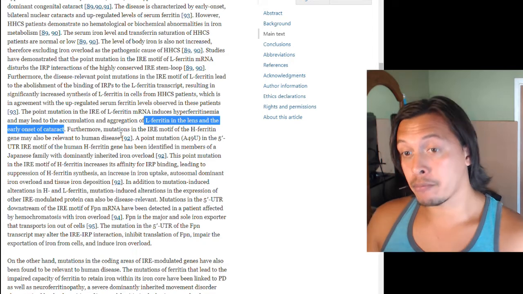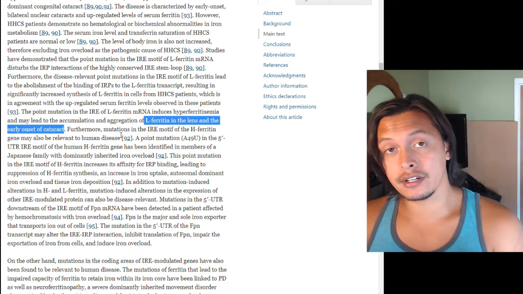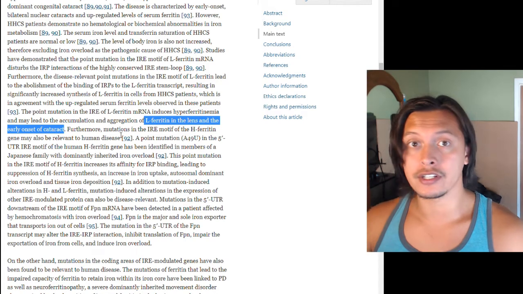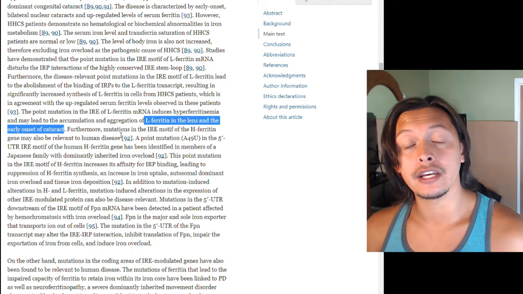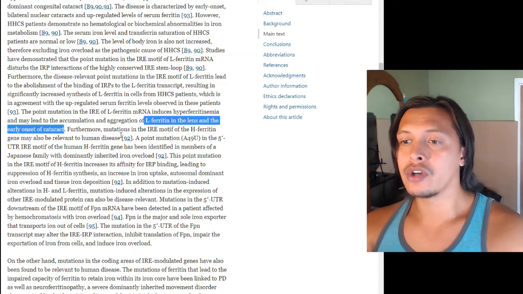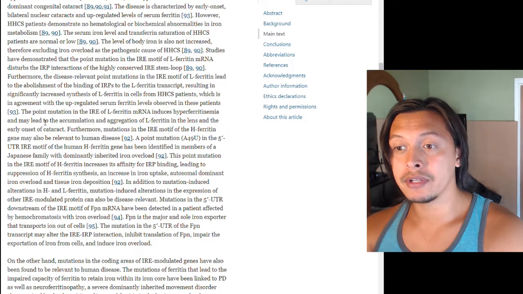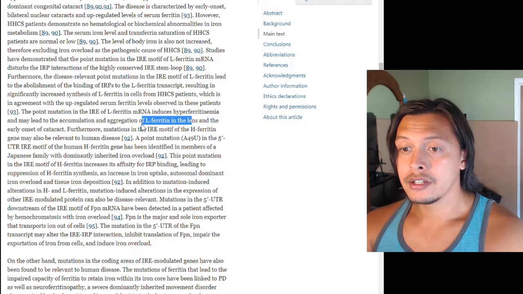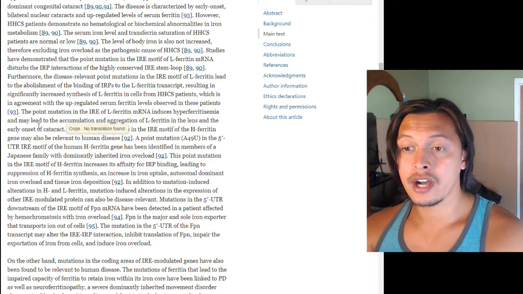I would presume that it's precipitating with iron associated with it because it's ferritin. So ferritin is going to suck up a lot of the iron in the surrounding areas. So basically, you're having an accumulation and aggregation of L-ferritin in the lens, and that is causing cataracts.